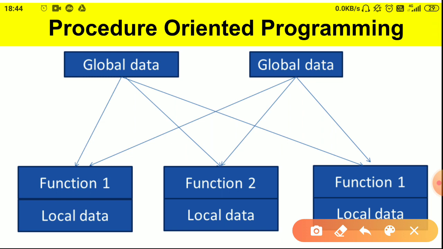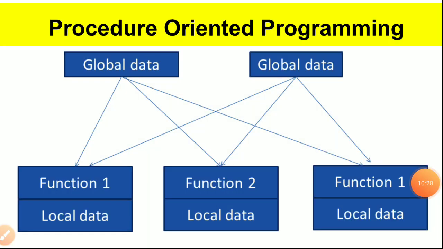So I was explaining the composition of software: it basically consists of two things, data and functions. Function is the piece of code which will operate upon the data. Now the data can be stored either inside the function or outside of the function.